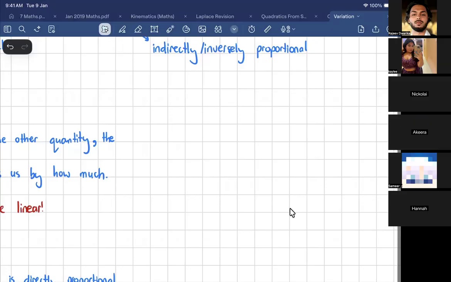So, Nikolai, Akira, yes? Right? Not quite. There's one distinction, see if you can figure it out. Directly proportional versus proportional. People typically say they're the same thing, but they're slightly different. There's one small distinction.